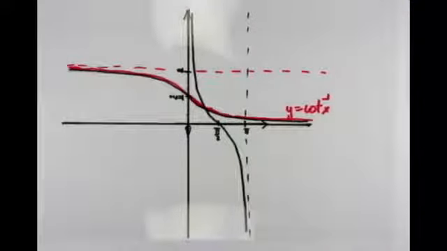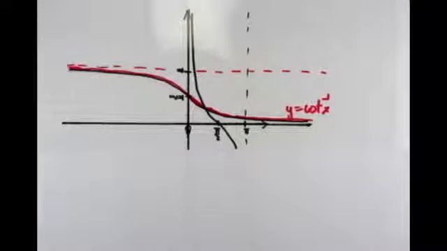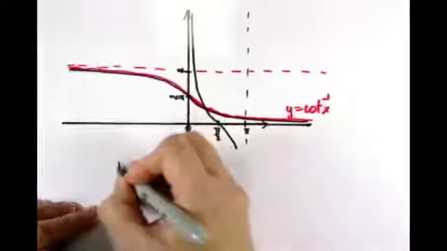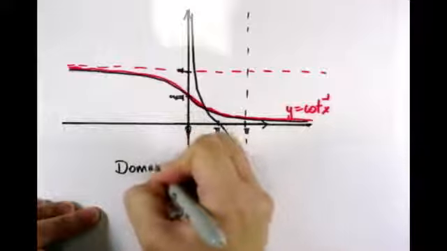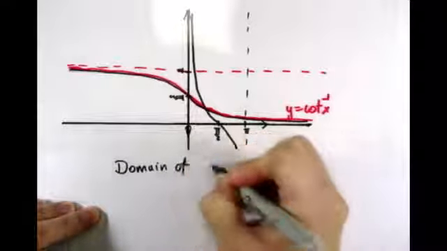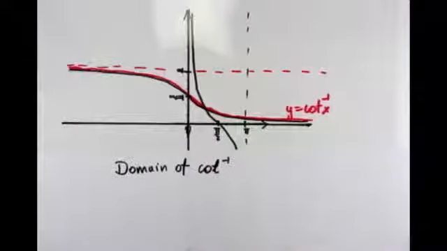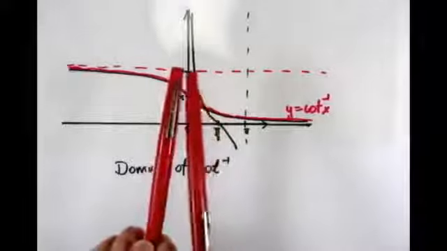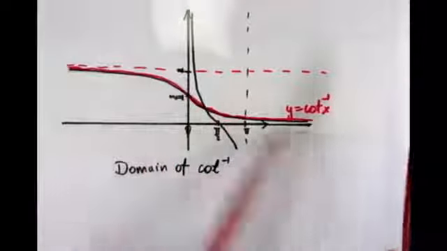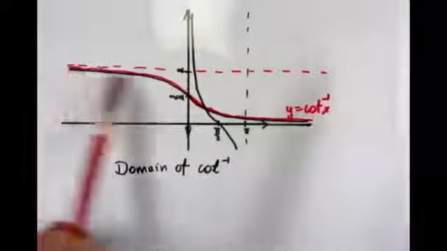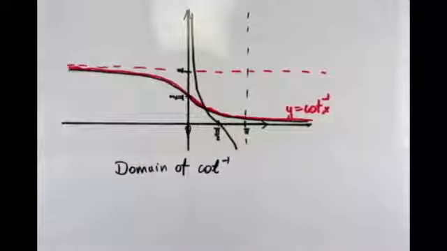So let's identify the domain and range of the inverse. Domain of cotangent inverse. Domain is the window on the x-axis. The graph keeps going from minus infinity to infinity.